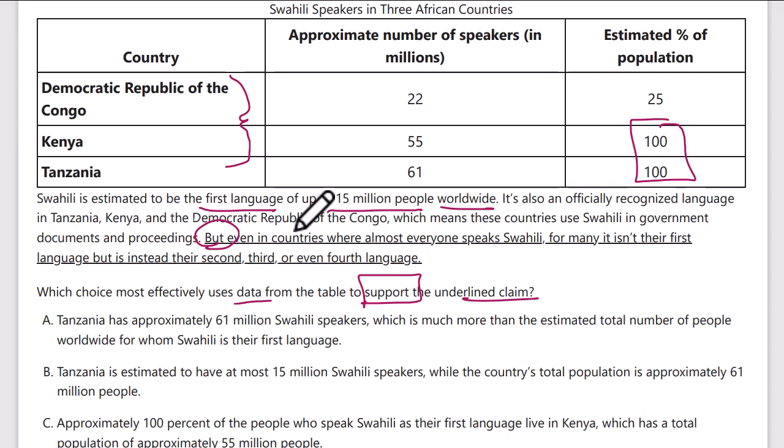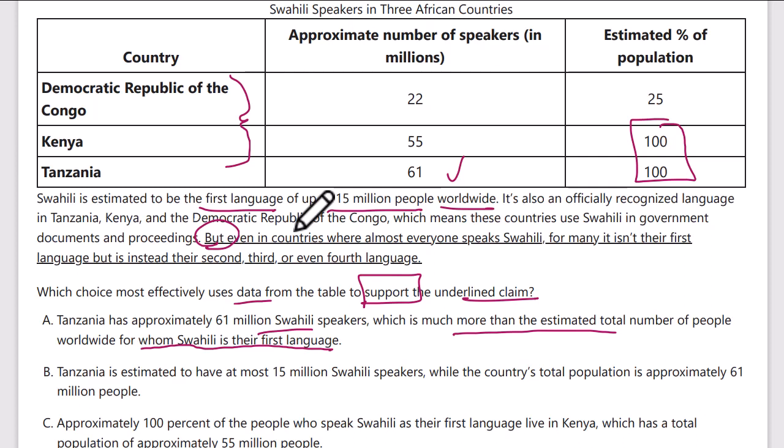Tanzania has approximately 61 million Swahili speakers, right? Okay, that seems to be true according to the table, which is much more than the estimated total number of people worldwide for whom Swahili is their first language. So that means a lot of their Swahili speakers couldn't possibly be first language.